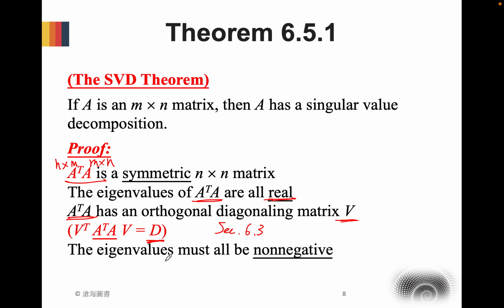So the eigenvalues must all be non-negative. You can check all these properties in previous sessions. If you cannot remember these properties, please check again. And in the proof of Theorem 6.5.1, we use a lot of properties about diagonalization and eigenvalues. So all the eigenvalues are real and non-negative.